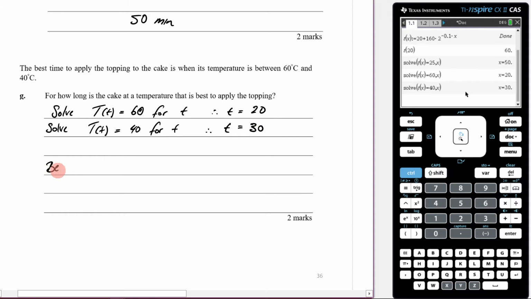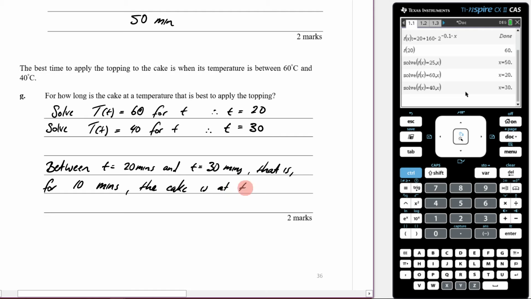And then we're going to say between T is equal to 20 minutes and T is equal to 30 minutes, that is for 10 minutes, because that's the gap. The cake is at the best temperature to apply topping.